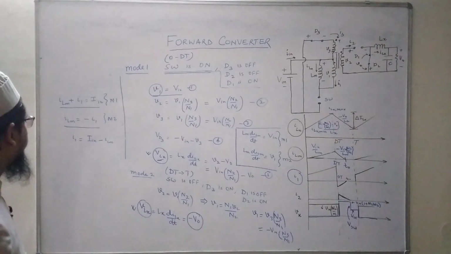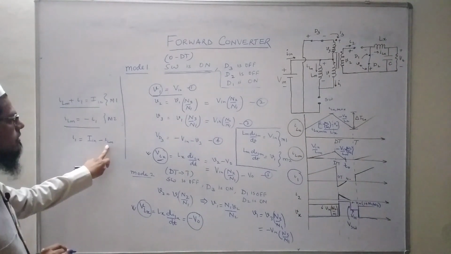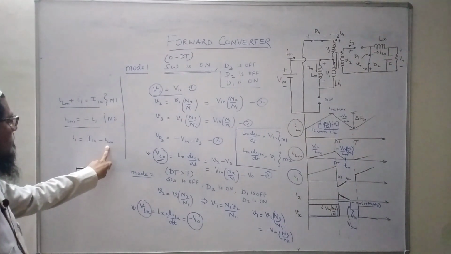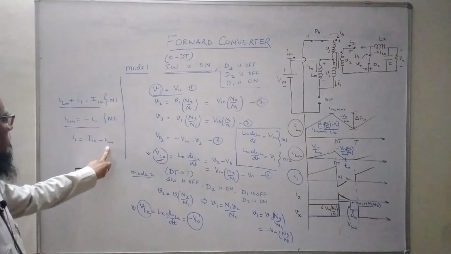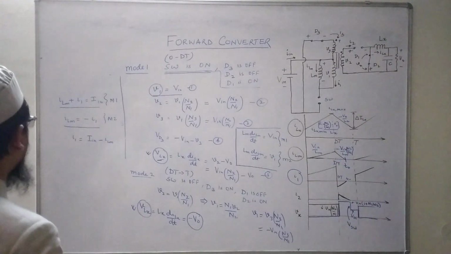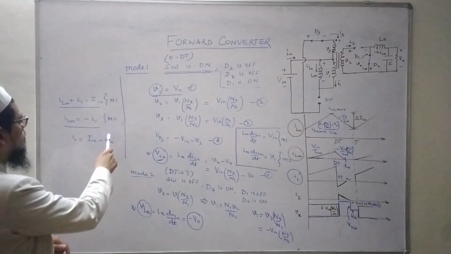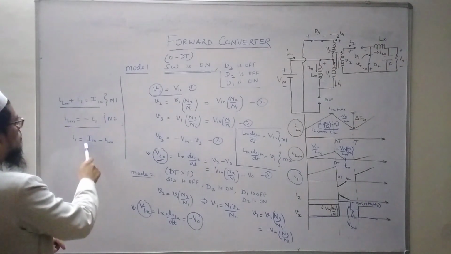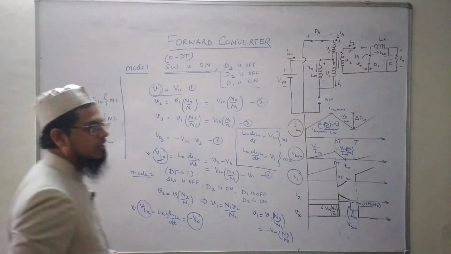Is it fine? I in minus ILM. So to find out I1, we already know ILM in mode 1. We need to know what is I in.